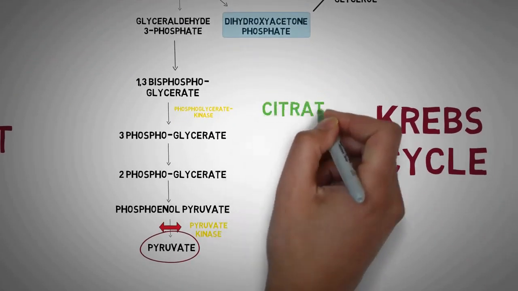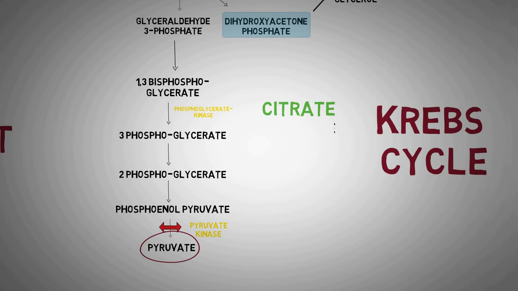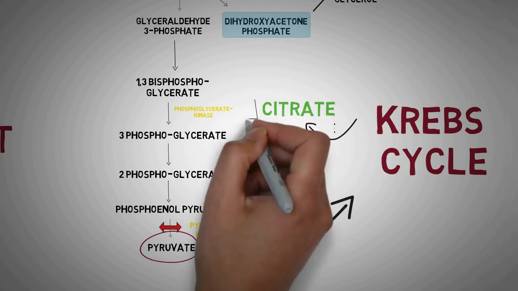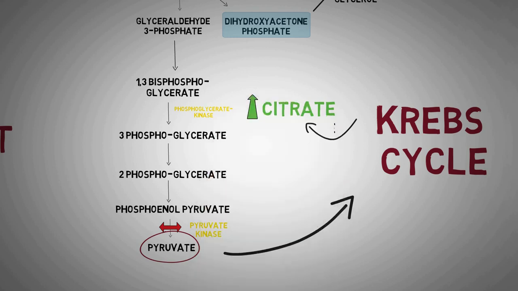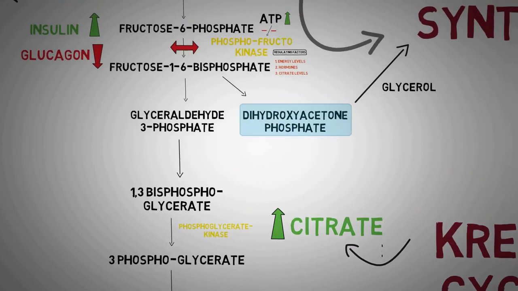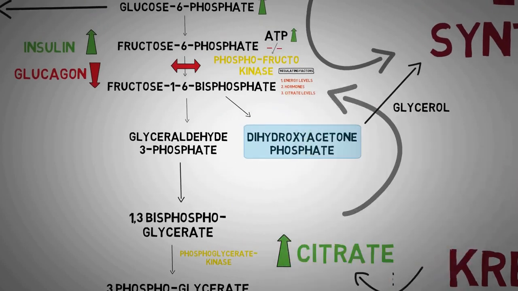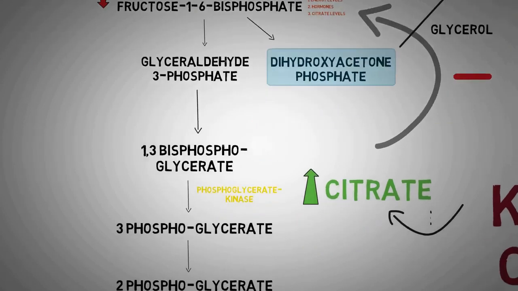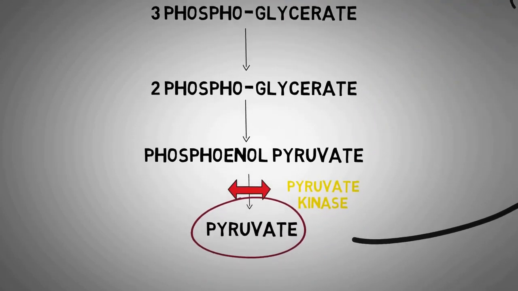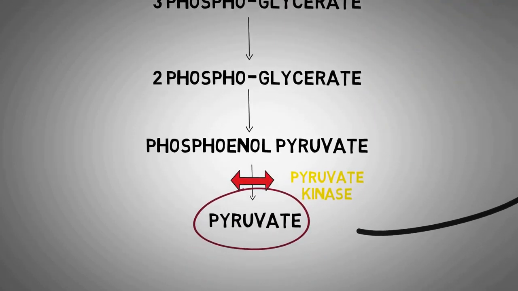Citrate is a molecule that is an intermediate in the Krebs cycle. Now pyruvate is further fed into the Krebs cycle. So if the concentration of citrate rises in the cell, it becomes important to decrease this entry, which is done by decreasing the activity of phosphofructokinase by high levels of citrate. The third point of regulation of glycolysis is at the last step, that is a conversion of phosphoenol pyruvate to pyruvate by the enzyme pyruvate kinase.